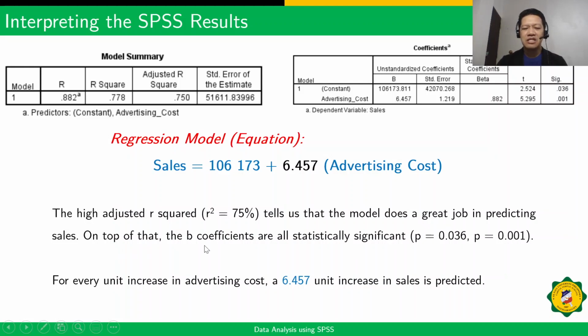On top of that, the B coefficients are statistically significant with the values of P here 0.036 and 0.001. And this number, 6.457, means that for every unit increase in advertising cost, a 6.457 unit increase in sales is predicted.